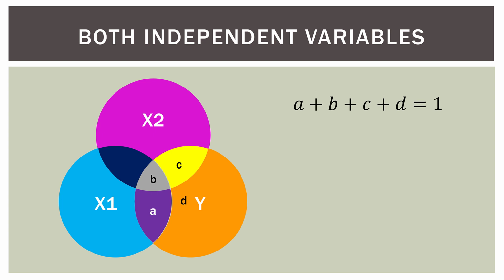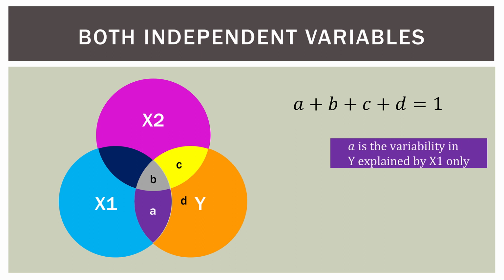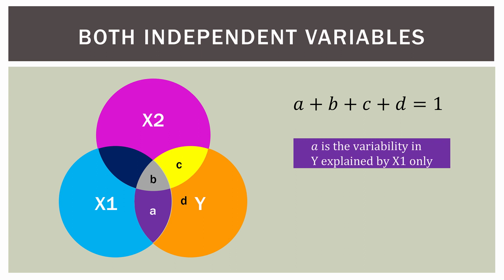So we know that A plus B plus C plus D has to equal 1. That's the area of our dependent variable over here where the y is. So A, which is in the purple, is the variability in y explained by x1 only. So you can see that the area of A is only where x1 and y overlap.